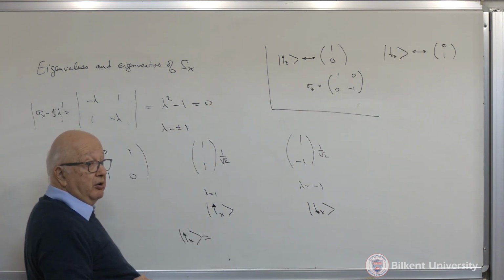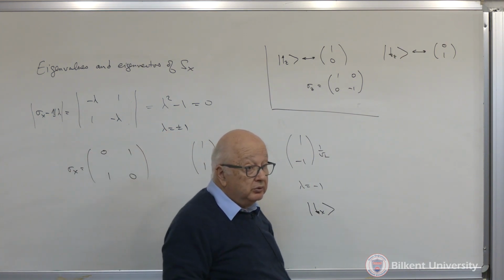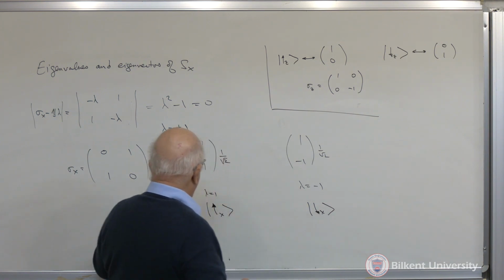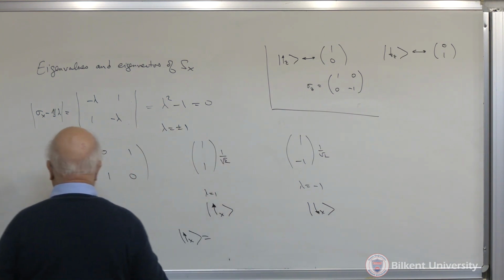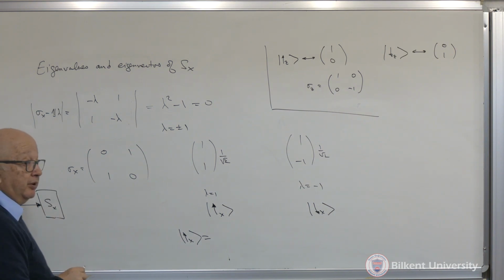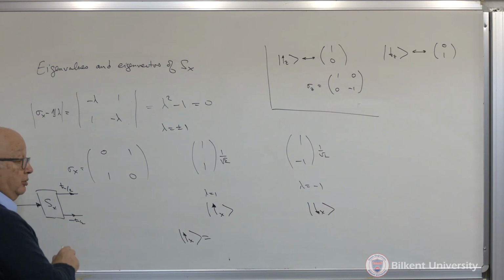Yes? It might be a silly question, but why do we call the eigenvector of lambda 1 up and the other down? No, it's a very good question. We are making a measurement of Sx. Now, Sx has two possible outcomes, h bar over 2 and minus h bar over 2.